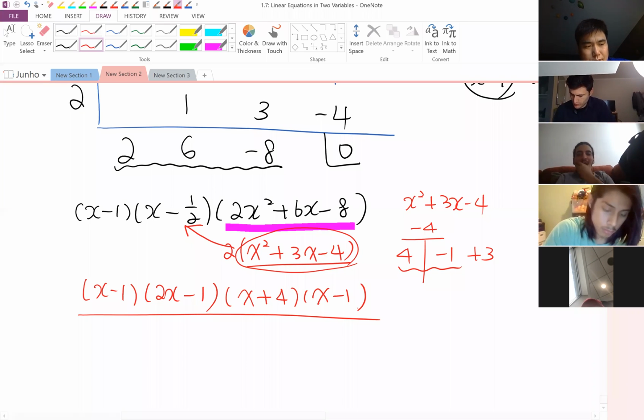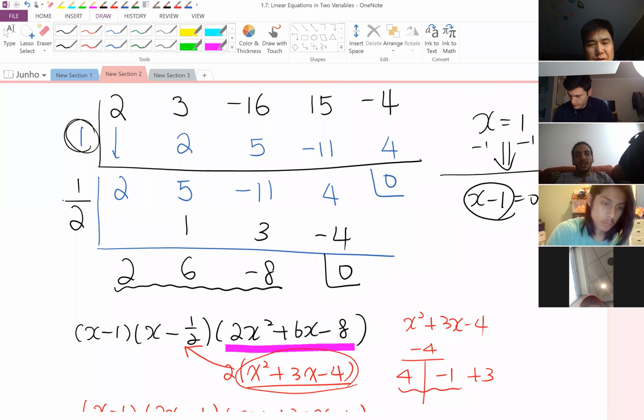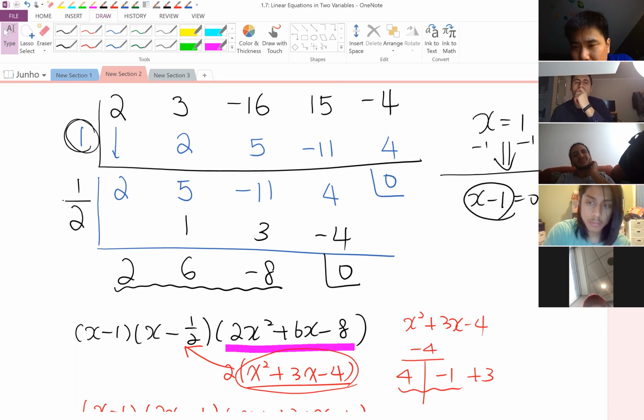Professor, can you go back to when you tried the half? When you tried the half, did you try it on the first one, and on the number beside the y, the coefficient?